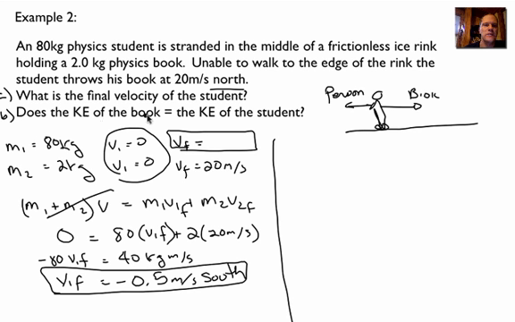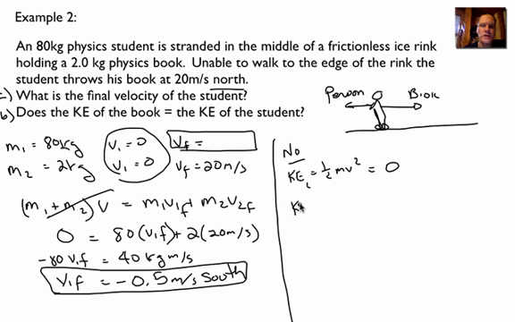And then for part B, that's part A, this is part B. Does the kinetic energy of the book equal the kinetic energy of the student? Well, I'm going to make a prediction that it is no, but let's verify that. I'm going to let you finish this off, but I'll get you started. So the kinetic energy, again, is equal to 1/2 mv squared. The initial kinetic energy is equal to 0.